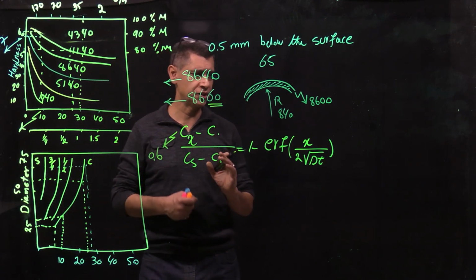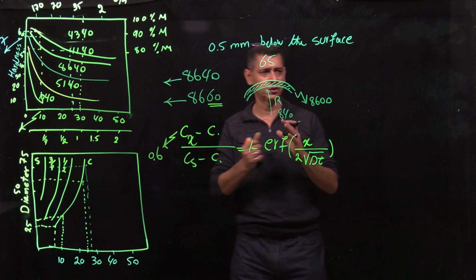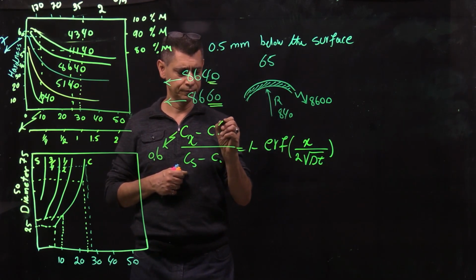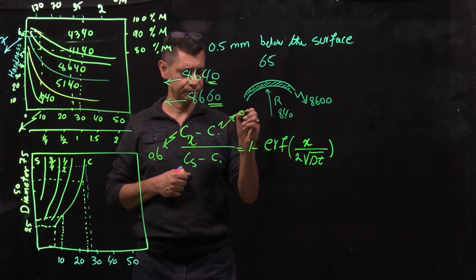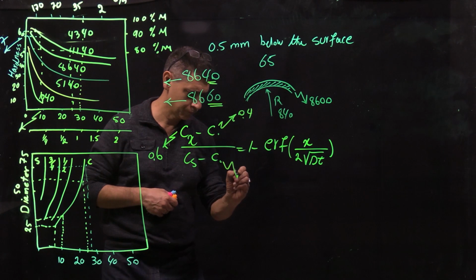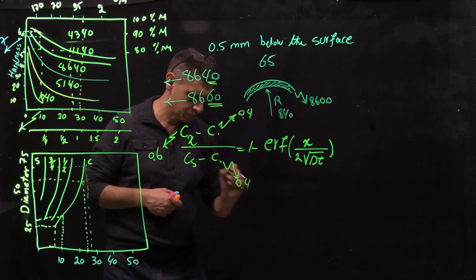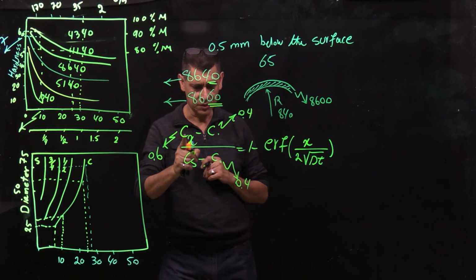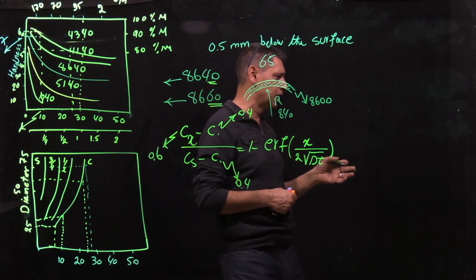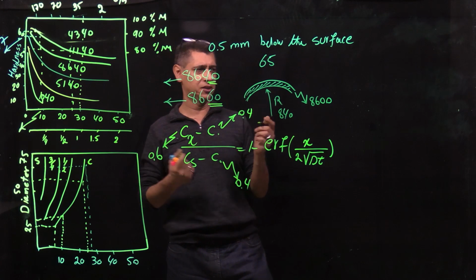C sub 0 is the initial carbon content of your alloy. C sub S is the maximum carbon content, which is the carbon content at the surface.